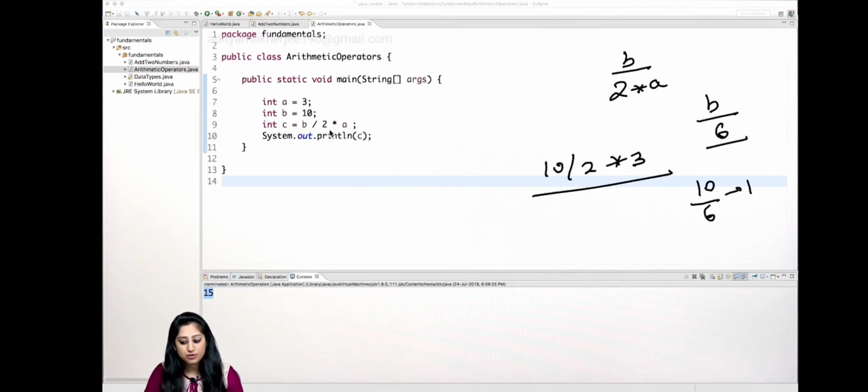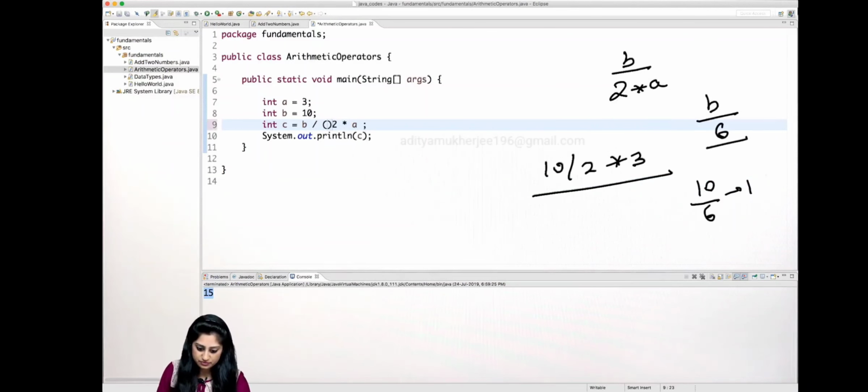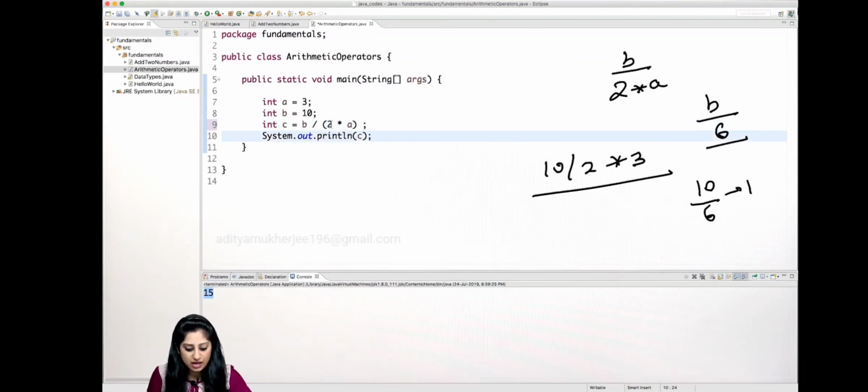If I specifically want to do B by 2A, I will have to use brackets over here, something like this. Because bracket has the highest precedence, the part within the brackets will be evaluated first. Now we should get the correct answer. 2A should happen first, and then we divide B by it. So this is what we have.